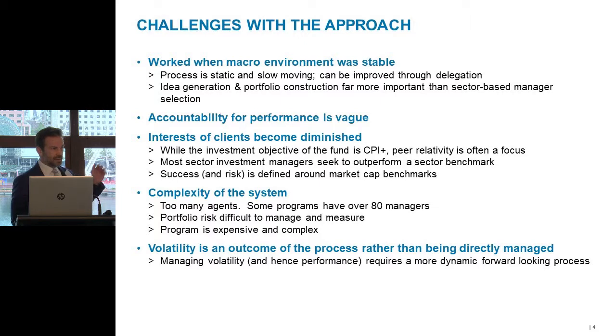So a lot of the risk in this framework was tracking error, which is a technical term, how much risk you're taking versus your benchmark. Really what matters to the end investor is how much can you lose? How much can I lose in a really bad scenario? I think that's what the investors were coming into the fund looking for, and that's nothing to do with tracking error or relative benchmark risk or peer relative risk.